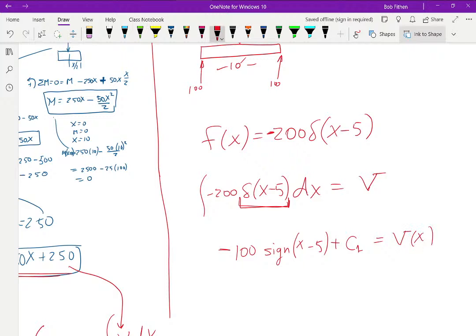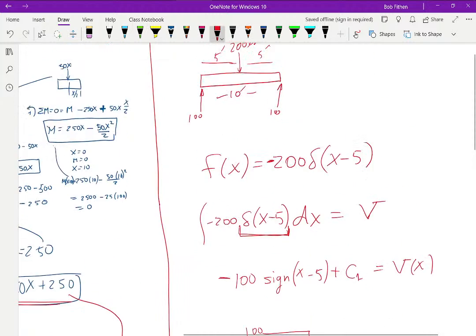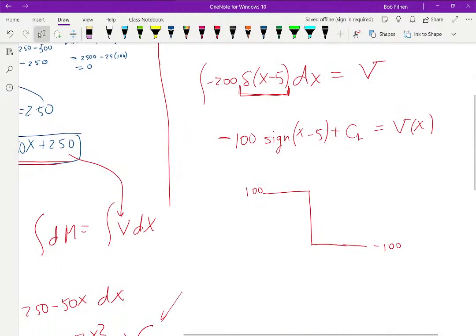Now, we saw on the plot that it looked like this, where this was 100 and this was minus 100. As it turns out, if you zoom in on a section right there and look at it, to the left of that 200-pound load, you see 100 and you see 100 here. So in fact, that's what it's supposed to be. So the constant of integration based upon this is 0. So there, in fact, is my shear diagram.